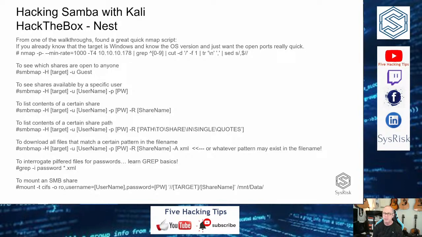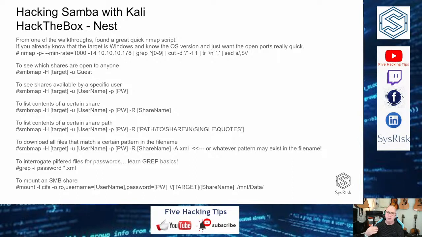And of course, as in network enumeration 2 and the previous videos, we start out with nmap and we enumerate. And this is a grep and sed combination filter that I came up with.